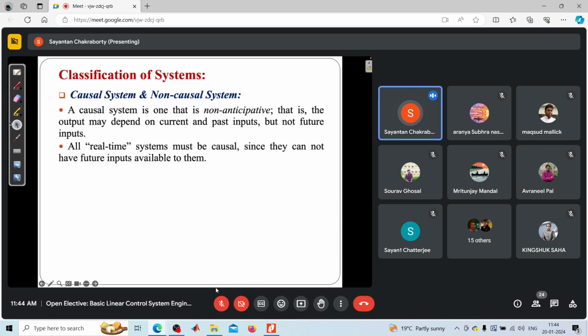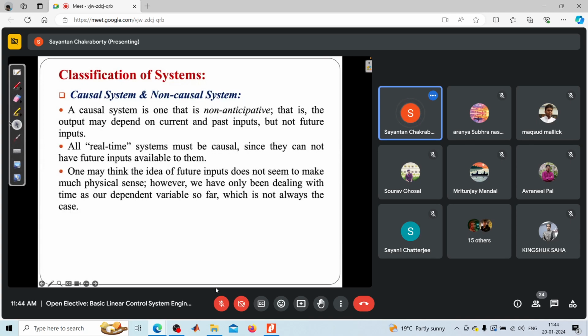So as you can easily apprehend, all real-time systems are causal, because you do not have any future input available at present time. Obviously, it is not possible. So the next question comes, why are we discussing this non-causal system? Non-causal means the output at a particular instant is a function of a future input.